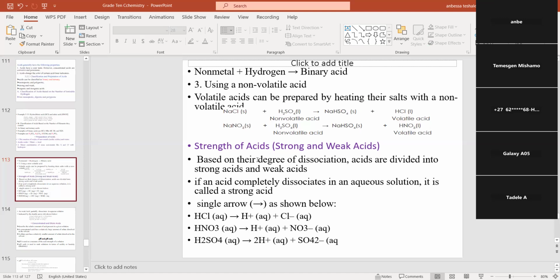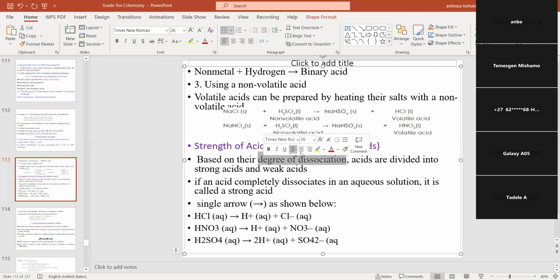The degree of dissociation ነው። degree of dissociation አንድን አሲድ strong ነው weak ነው ብለን እንድንፈርጅ ያደርጋል ማለት ነው። If the given acid completely dissociates, that acid is strong. Partial dissociation of acid is weak acid. If an acid is completely dissociated in aqueous solution, it is strong acid.